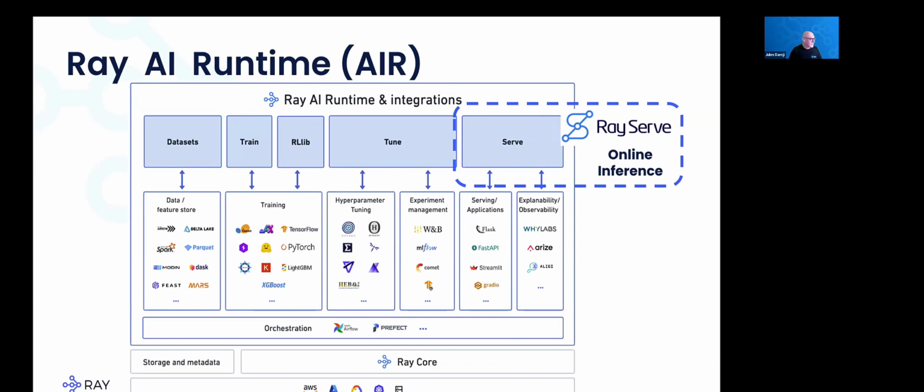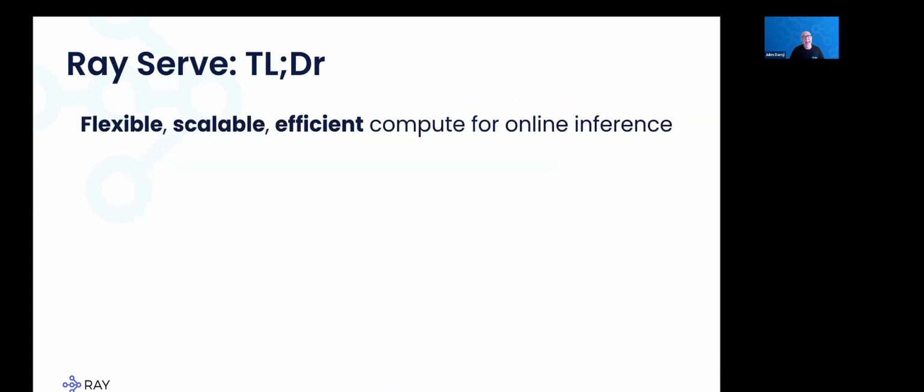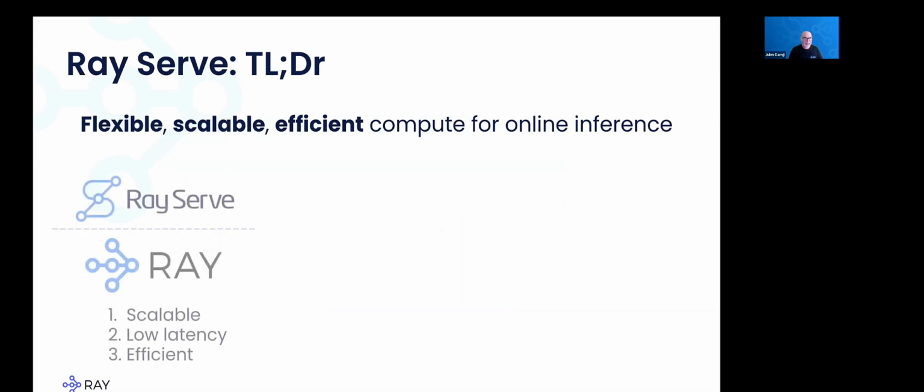end-to-end inference with Ray. And just to give you a high-level overview, I can use three adjectives to describe Ray Serve: it's very flexible, it's very scalable, and it's efficient for online inference. What do I mean by that? Because Ray Serve is built on top of Ray, we inherit all the scalability benefits that you get from Ray, from scaling a cluster.